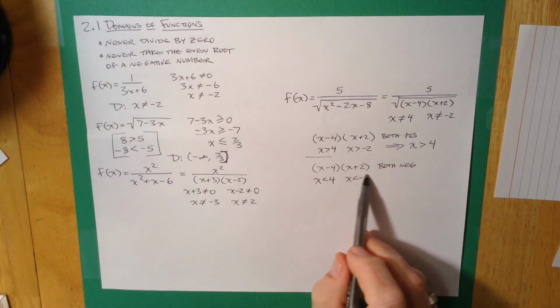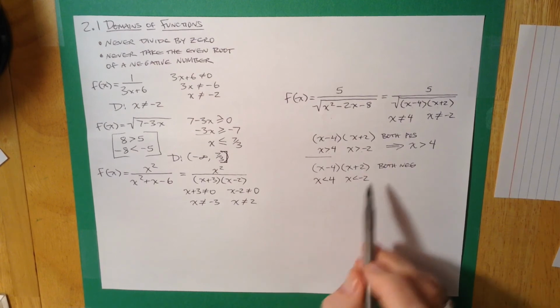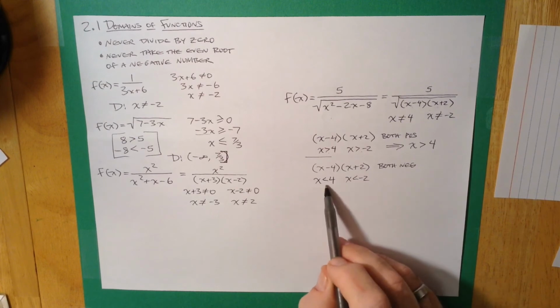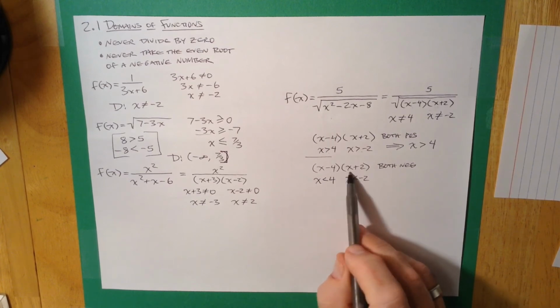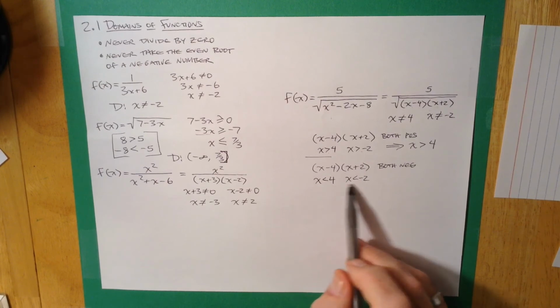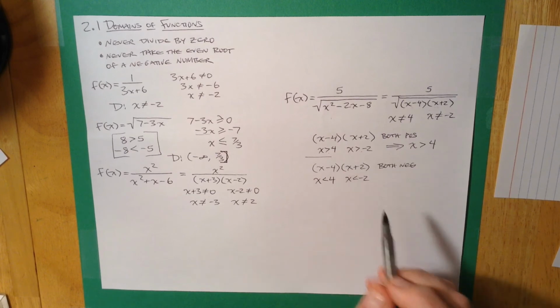In order for these to both be negative, for this one, x has to be less than 4. For the second one, x has to be less than -2. Well, how can you satisfy both of these? You're certainly not going to satisfy the requirement that both of these are negative if x is 3 or if x is 2. x has to be less than -2 in order for both of these to be negative.